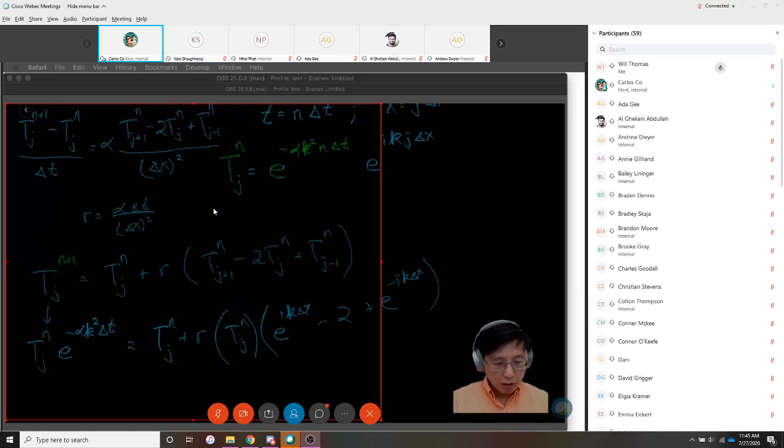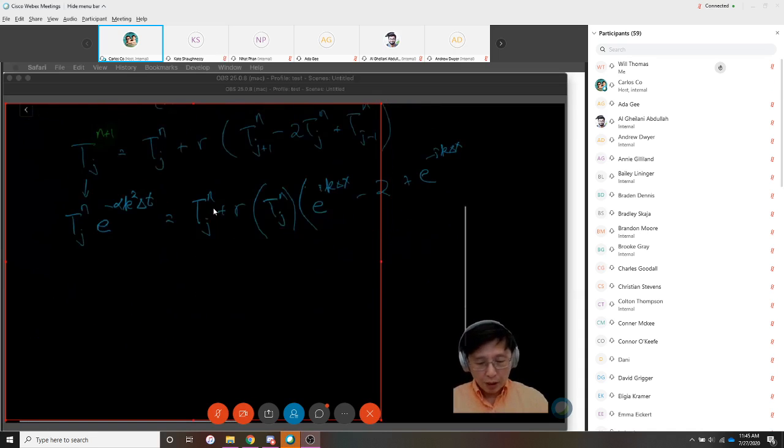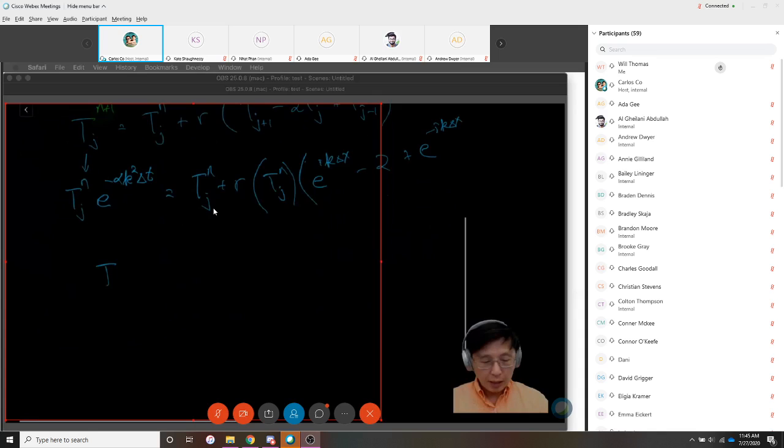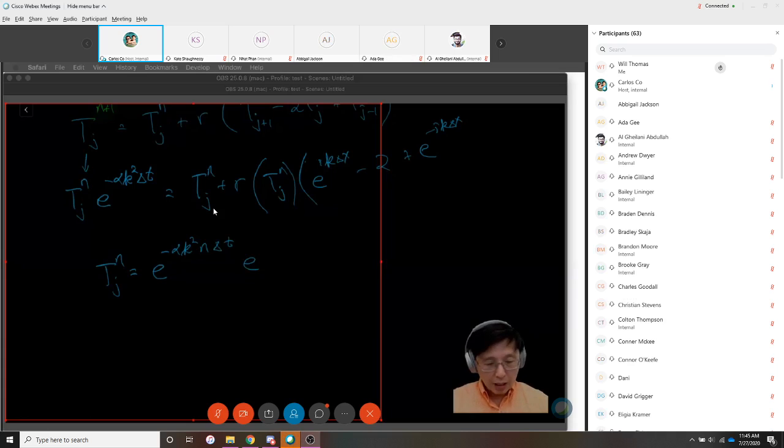So you see this expression here, right? Let's write them out fully. So for example, T j at n, we said that that is exponential minus alpha k squared, our time increment n multiplied by delta t, exponential of not minus, but just I k j delta x.